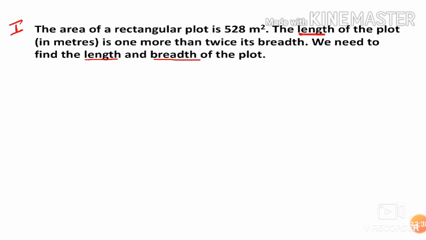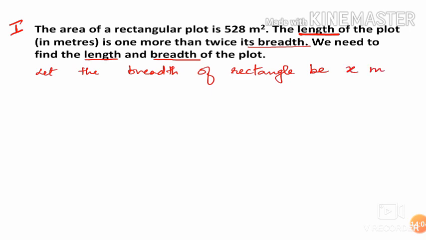So the length of the plot is 1 more than twice its breadth. So length can be expressed in terms of its breadth. So the breadth should be represented using a variable. So let the breadth be x meters.